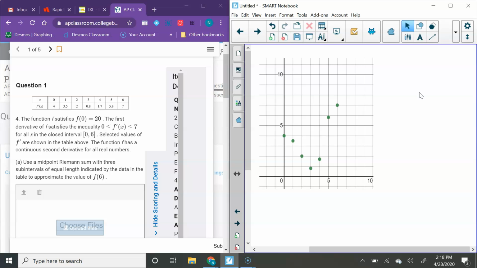So, midpoint Riemann sum with 3 subintervals. So if we're going from 0 to 6, the 3 subintervals that we have, we're going to split right here at 2. We're also going to split again here at 4.